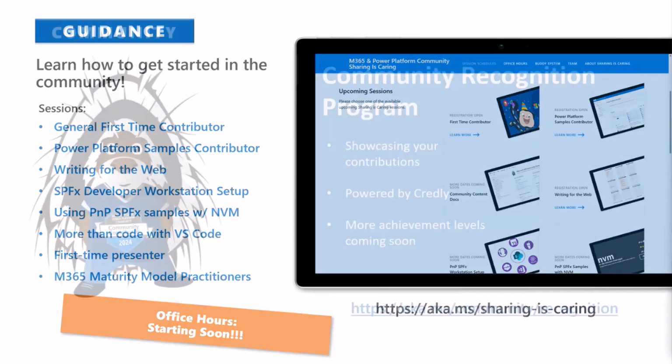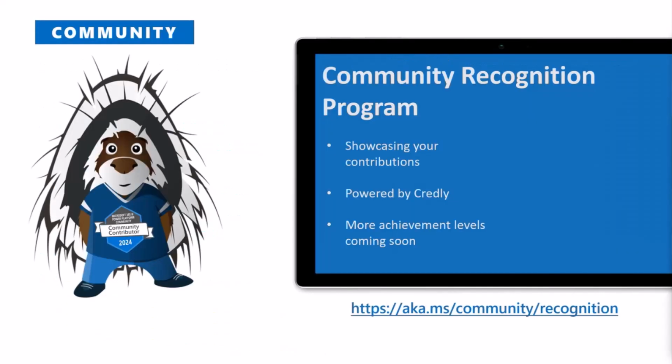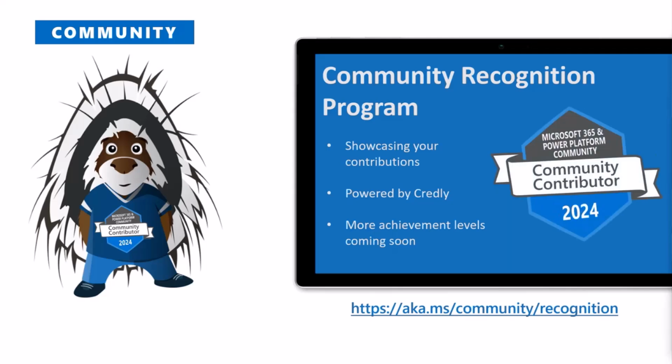And if we go to the next slide, we also have the community recognition program. So if Sharing is Caring is about enabling you to contribute to the community, the community recognition program is to recognize the hard work you do. So if you have done samples, you've contributed to blogs, PMP blogs and things like that, we will issue you a badge that recognizes your hard work.